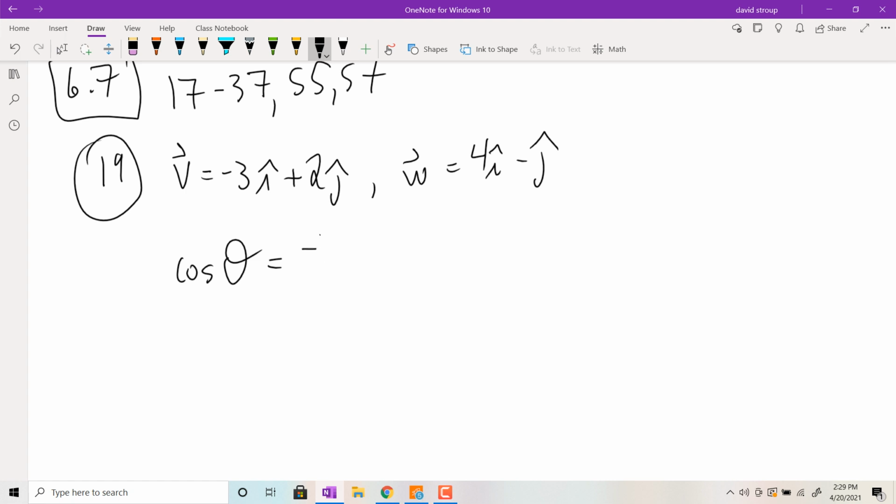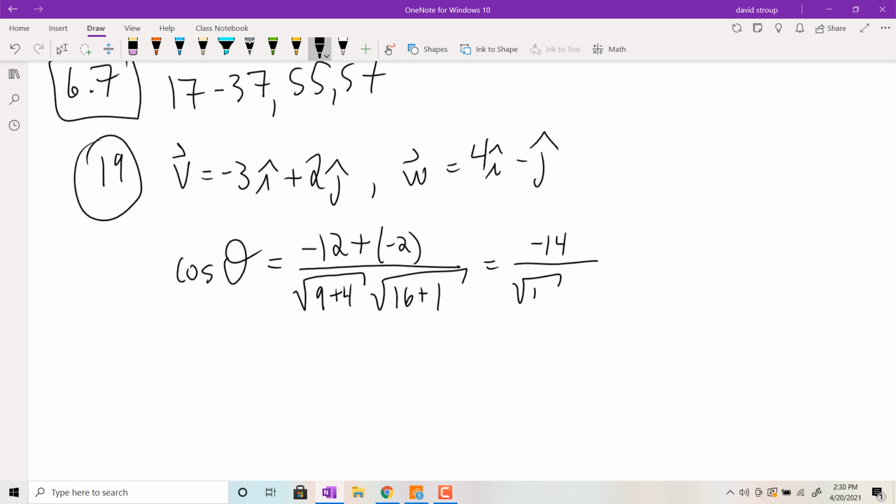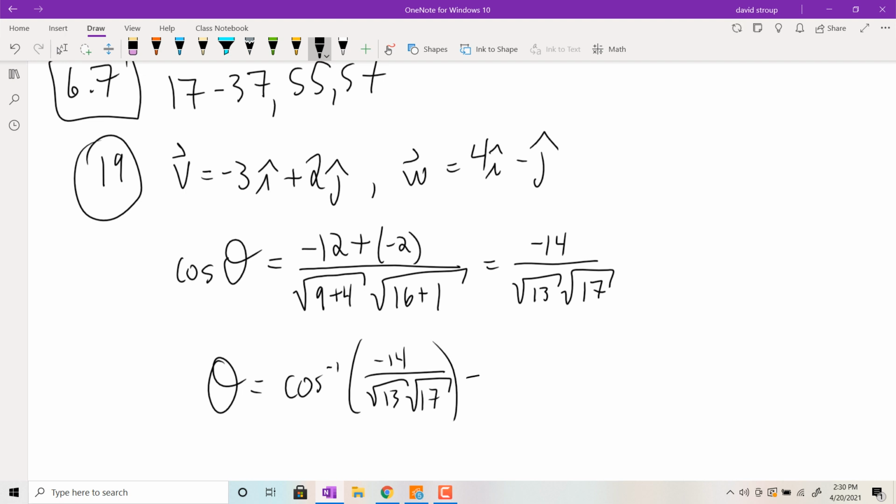Negative 3 times 4 is negative 12, plus 2 times negative 1 is negative 2. And then it's all over the magnitudes of the particular vectors. The first one, square root of 9 plus 4, and the second one, square root of 16 plus negative 1 squared is 1. Then to find the angle, you just take cosine inverse of that. Putting that in your calculator, make sure you're in degree mode, 160.3 degrees to the nearest tenth.